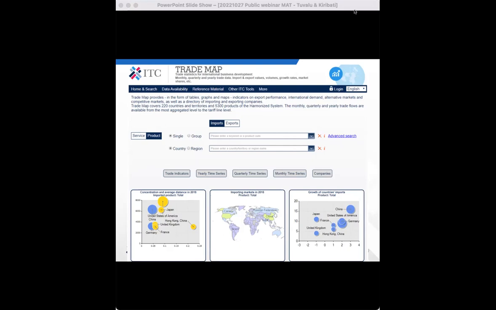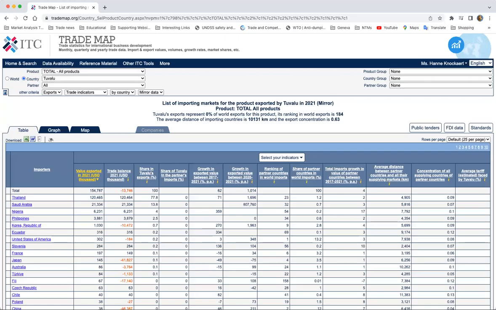towards my live screen. Share. I hope now you can all see my web browser, because here, yes, here we can see trade map.